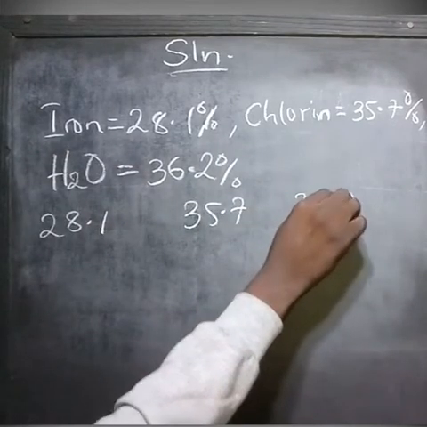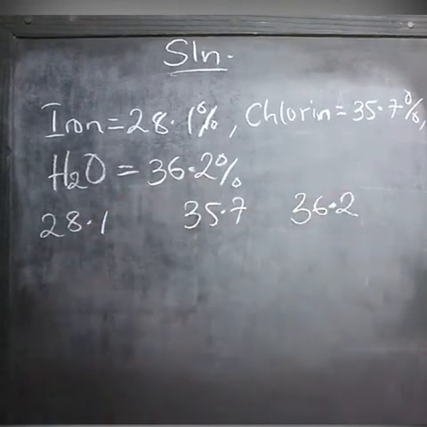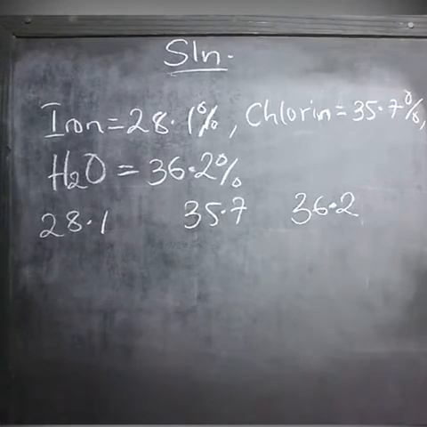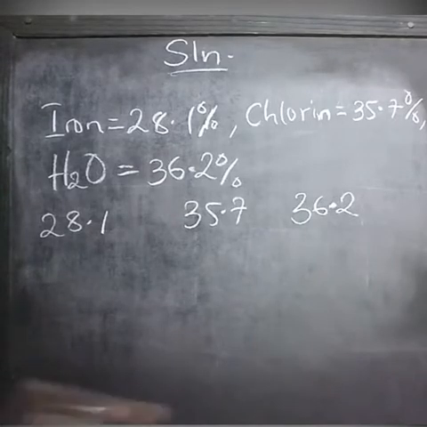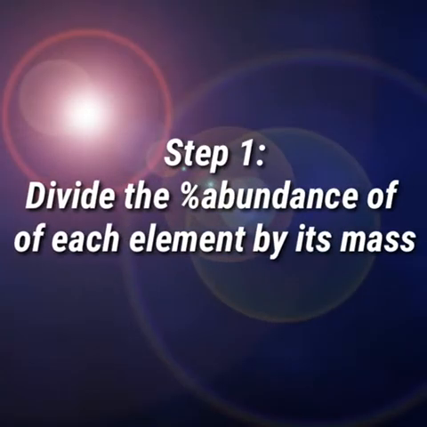Mind you, you have to write them serially according to how they are given in the question for better understanding. So the first step, you are to divide the percentage composition of the elements given in the question by their mass number.